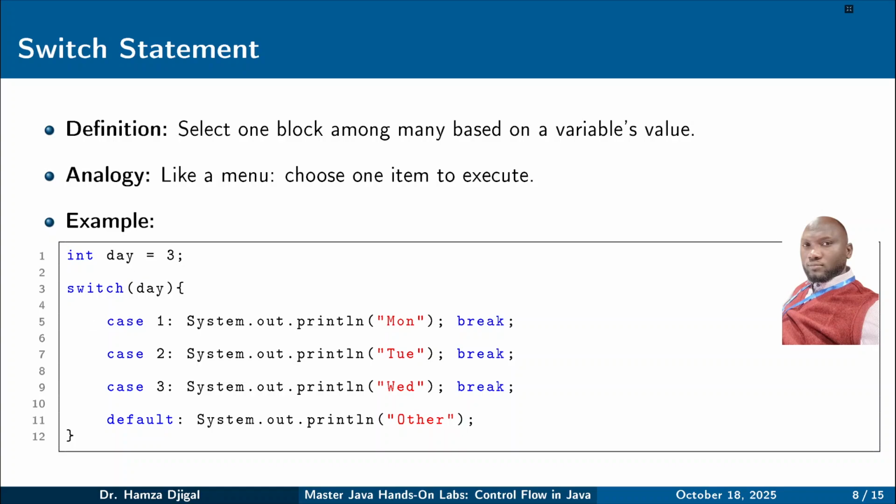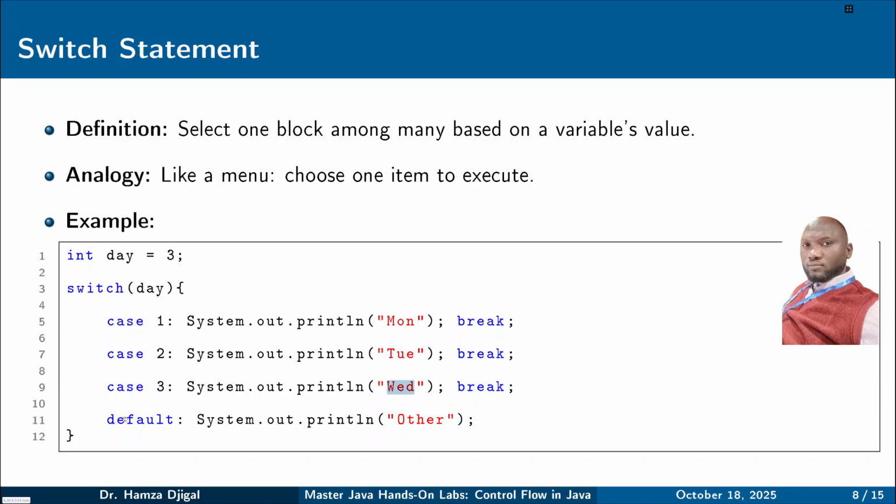Now as you can see, the variable day here gives us 3, so that is the statement that will be printed. In our case, Wednesday will be printed, as you can see.